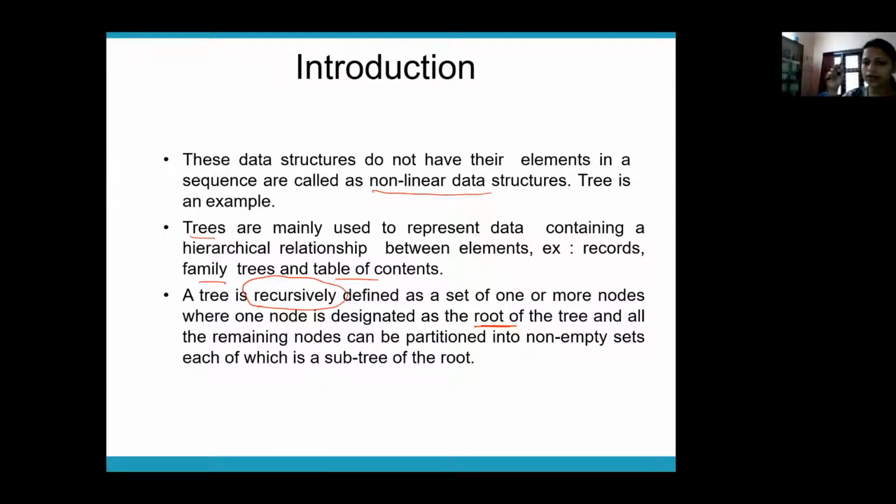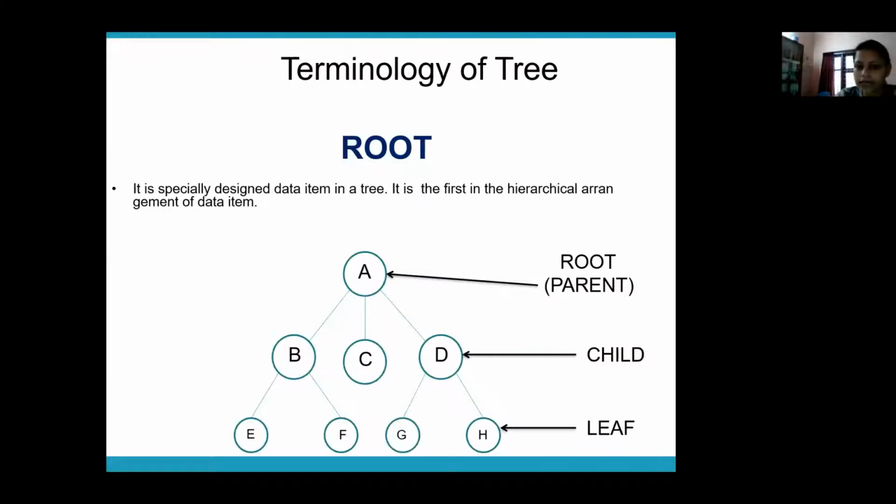Okay, so this is how a tree looks. We are going to discuss some important terminologies which you will hear across in future sessions. So you need to be familiar with these terminologies. What is shown in front of you is the diagrammatic representation of a tree.